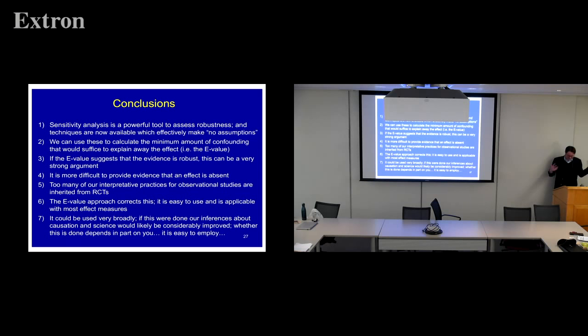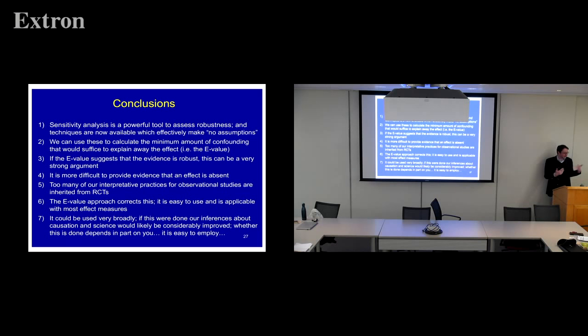So in conclusion, going back to the beginning, I really do think that some sort of sensitivity analysis for unmeasured confounding should pretty much always be used in any observational study intended to assess evidence for causality. I'm not saying you have to use this one, but I think something really should always be done.